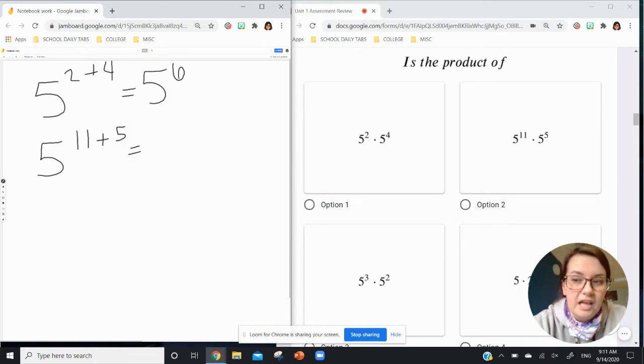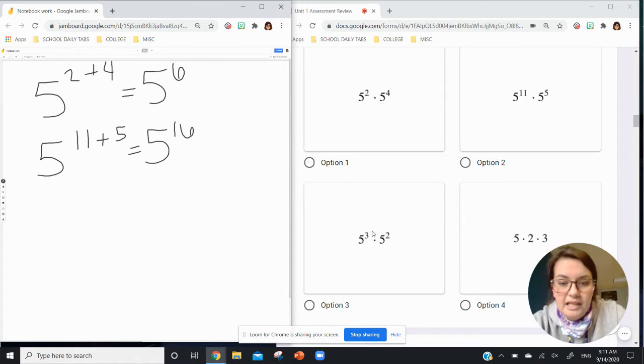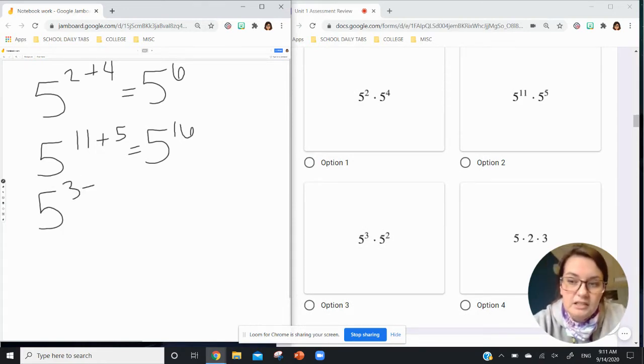Option 2, I have 5, and we're adding the exponents still. Well, 11 plus 5 is 16. That's not it. My next one is 5 to the 3rd power, and I'd be adding that 2, so this would be 5 to the 5th power. I wouldn't multiply those. I'm adding the exponents.